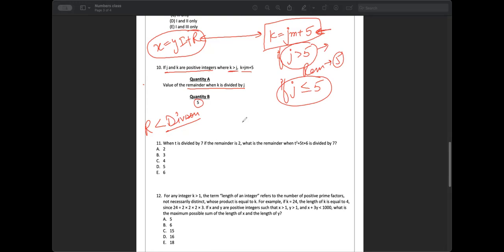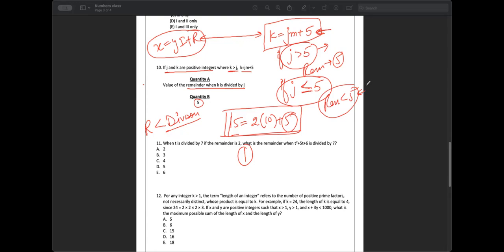So we are writing, let's say, 15 is equal to 2 into 10 plus 5. We can write it this way for sure. No problem. But would 5 be the remainder? No. We are just writing it this way. It doesn't mean it's the remainder. The remainder obviously would be 1 in this case. We know that. So if j is less than or equal to 5, then obviously the remainder would be less than 5.